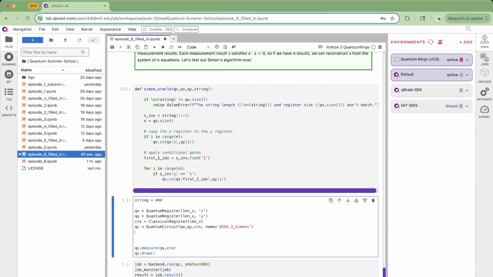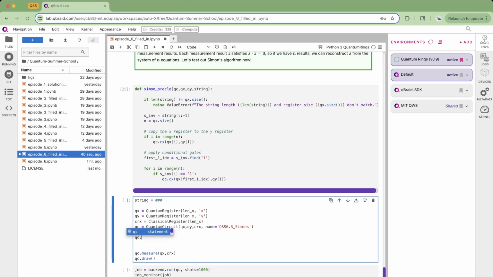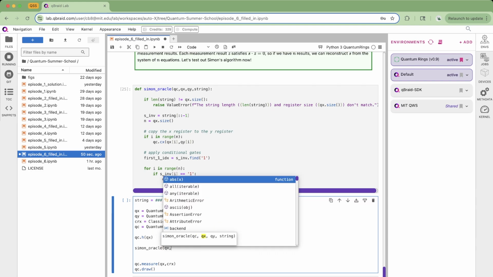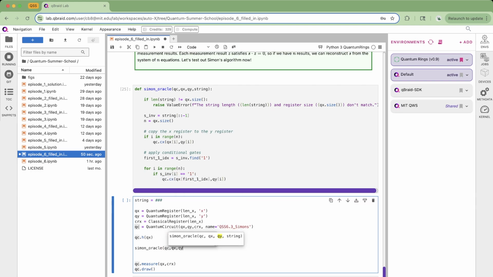Okay. And then for Simon, we just have Hadamards on X before and Hadamards on X after. So Hadamards on X. We have our oracle. And then Hadamards again.